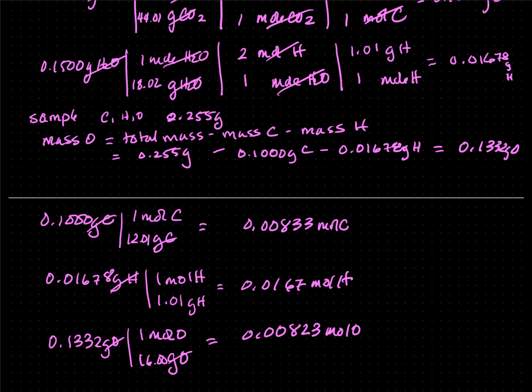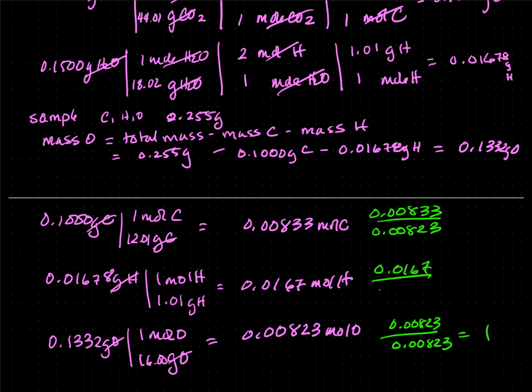The smallest number here is the oxygen. So this is going to be 0.00823 divided by 0.00823. This is 1 exactly. So we're going to divide the top by 0.00823. In the hydrogen, we're going to do the same thing.